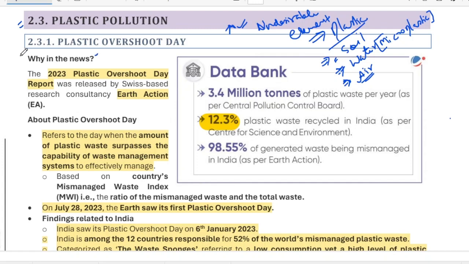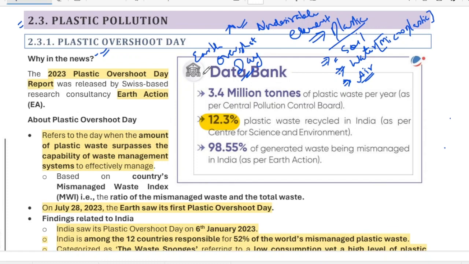Now the first news that we are going to do is plastic overshoot day. So you may have heard about one concept, that is Earth Overshoot Day. Okay, so what is Earth Overshoot Day?